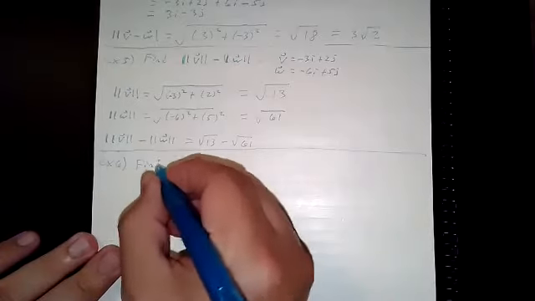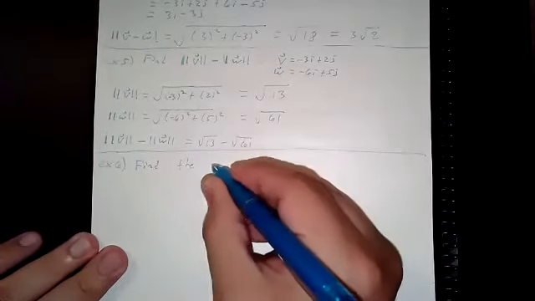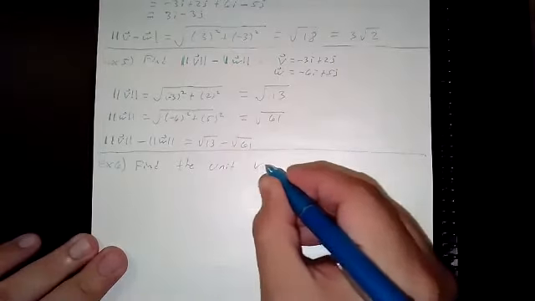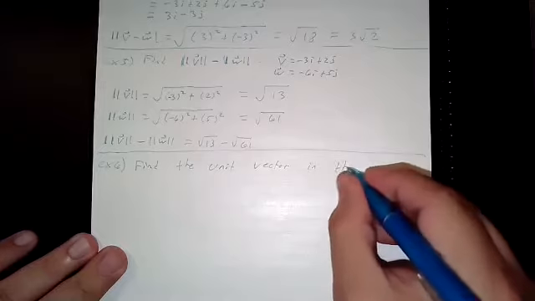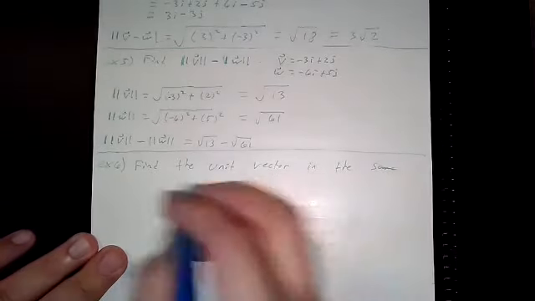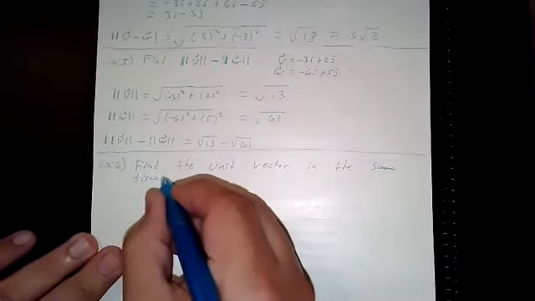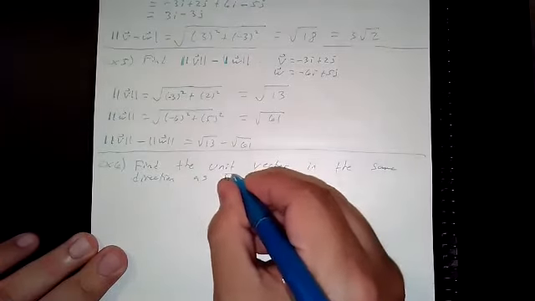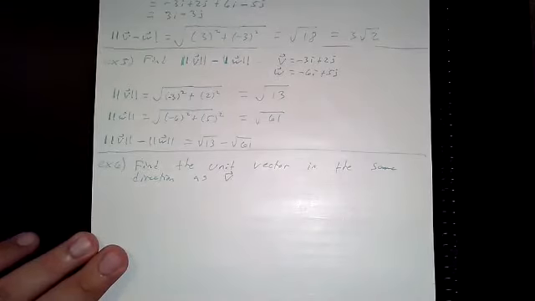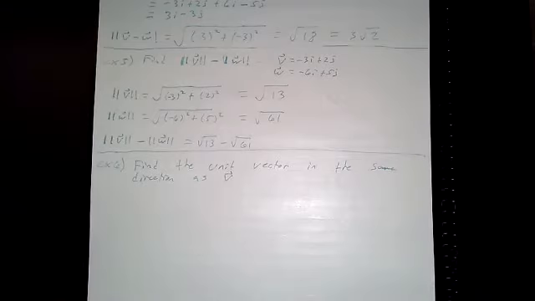So find the unit vector in the same direction as v. Basically what you're doing here is you have a vector and you want to minimize it into just a unit of 1, but still go in the same direction.